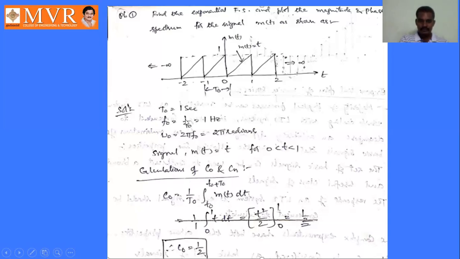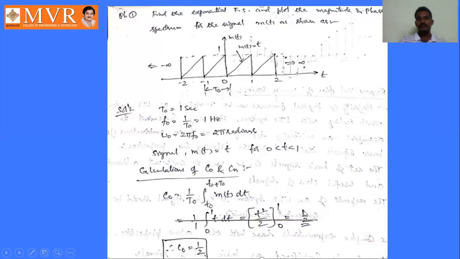So 1 by T naught, and T naught value is 1 second. It is 1 by 1 integral from 0 to 0 plus 1, that is 1, of t dt. Integral t dt is t square by 2 with the limits 0 and 1, that is 1 by 2 minus 0 by 2. So its value is 1 by 2. So c naught value is 1 by 2.